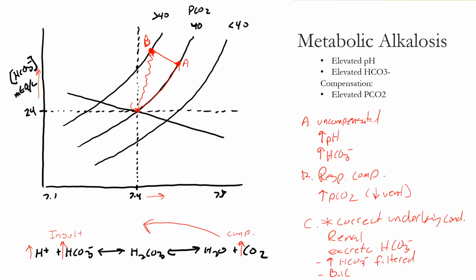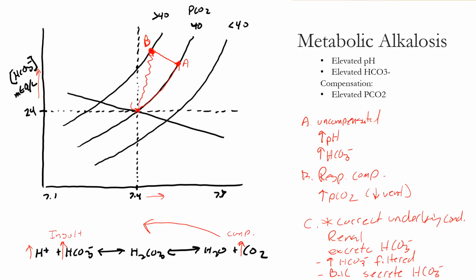What they'll do is they'll actually secrete or excrete bicarb and reabsorb protons. So these help to secrete bicarb. For every bicarb that's being secreted, we can reabsorb some of the proton as well, and that can help bring that pH down to our normal level.